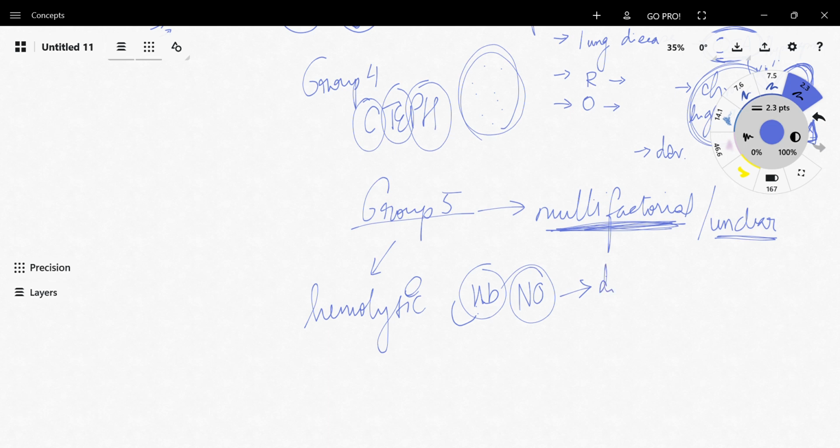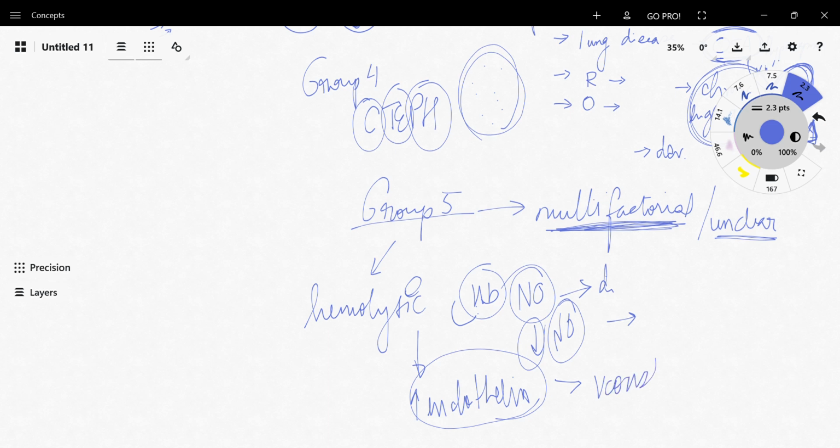And then you have a decrease in nitric oxide, and that causes your pulmonary vasoconstriction. And one more thing is that in hemolytic anemia, there is an increase in endothelin, which is a potent vasoconstrictor, and that also contributes to the pulmonary hypertension. So that is your hemolytic anemia.